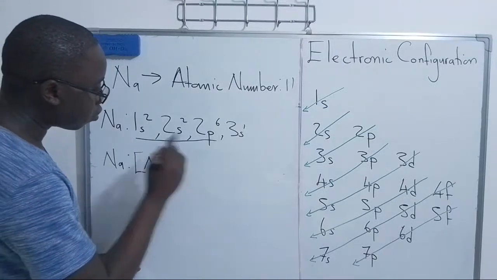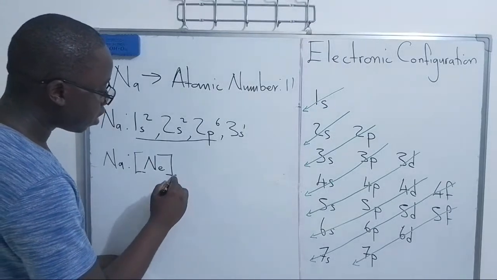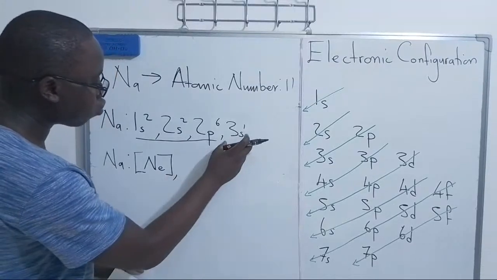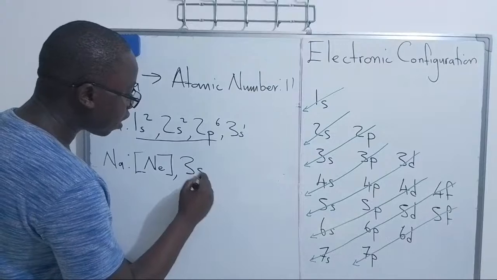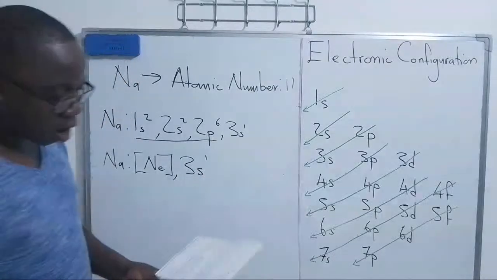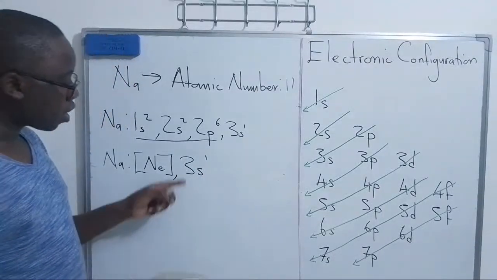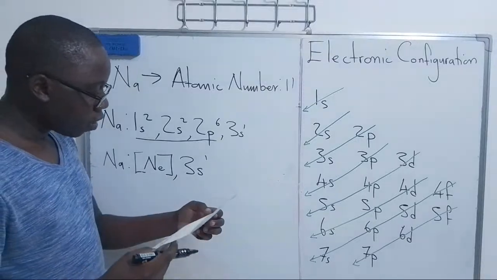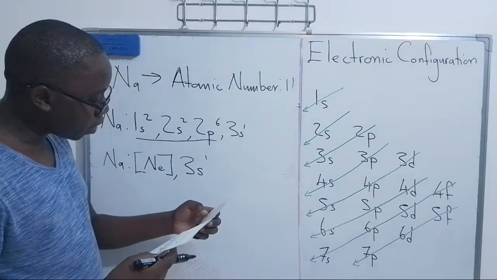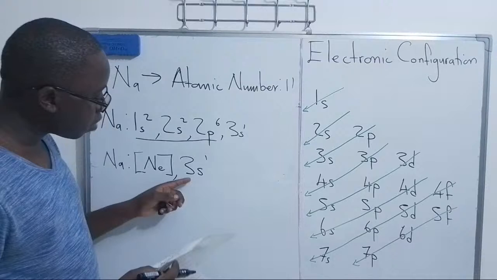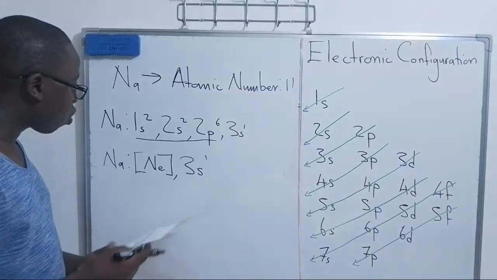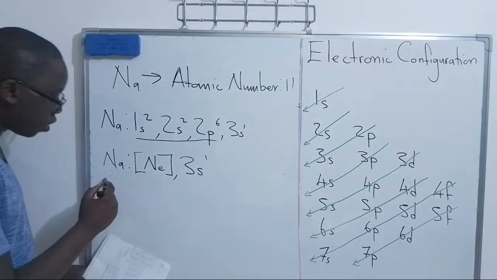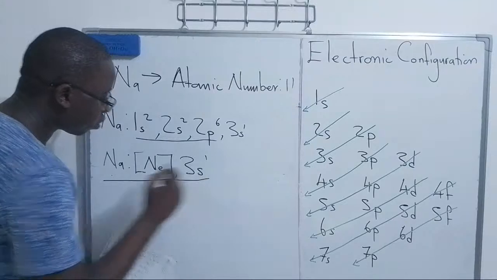If this is the electronic configuration of neon, then it simply means the next one we are remaining with is 3s1. This is telling us that the sodium we are writing is in period 3 and only 1 electron remained, and this is the compressed electronic configuration of sodium.